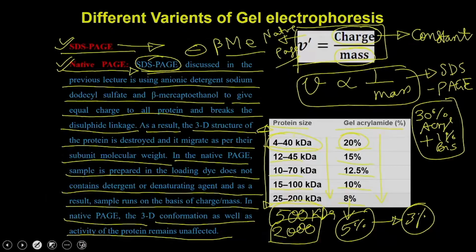Apart from that, suppose you have proteins of lower size than this. For example, if you have amino acids which you want to resolve on the acrylamide gel, you cannot go beyond 20%, because that is the maximum you can prepare from the 30% acrylamide solution. But the 30% acrylamide solution has only 1% bisacrylamide.